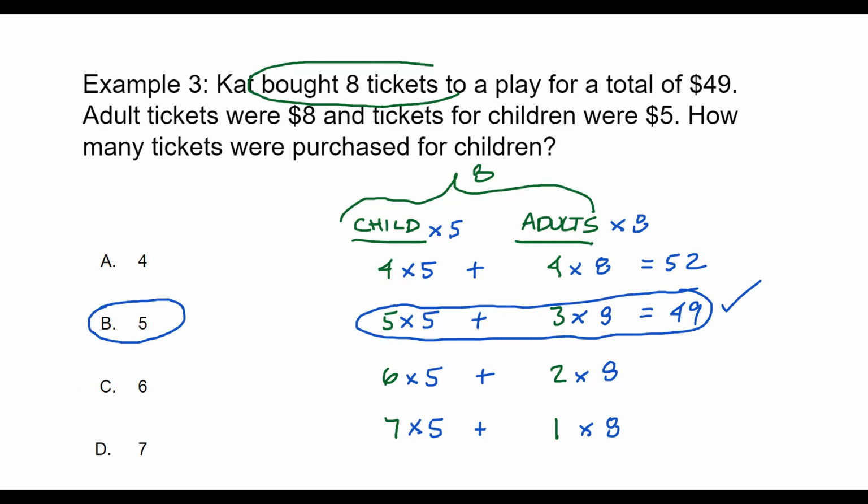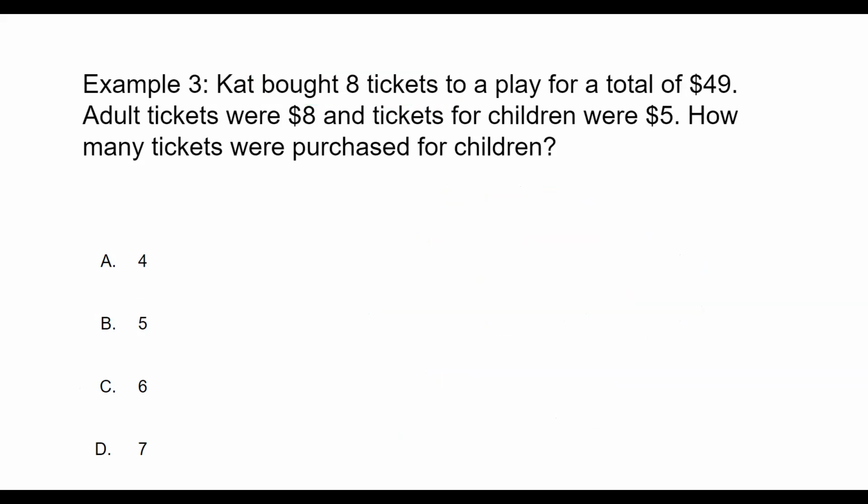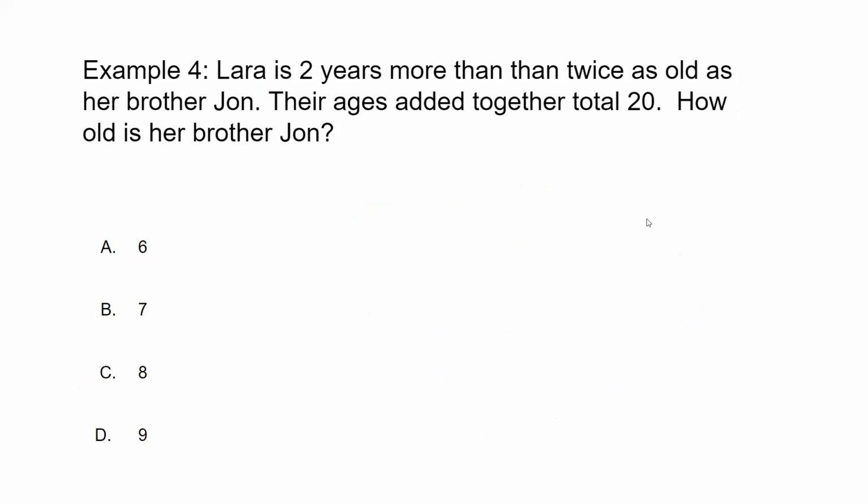All right, one more example. This one's a little bit different. This one involves age. Laura is 2 years more than twice as old as her brother John. Their ages totaled together total 20. How old is her brother John?